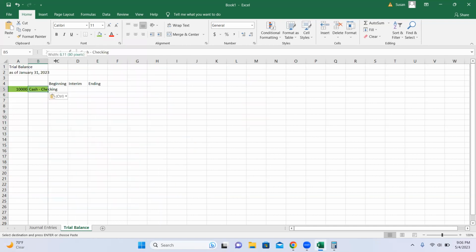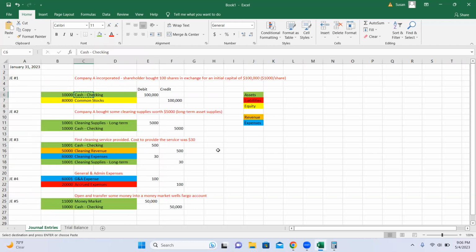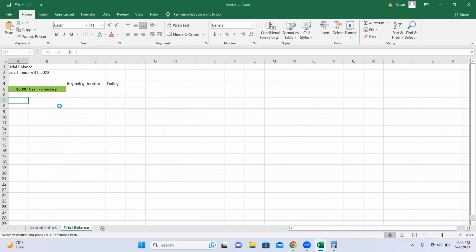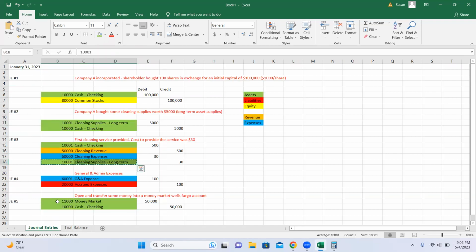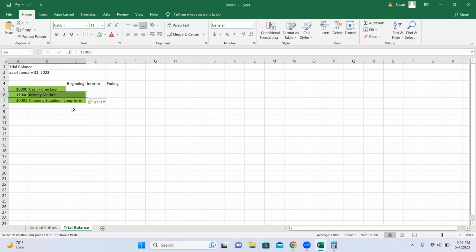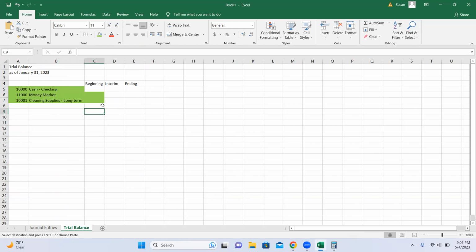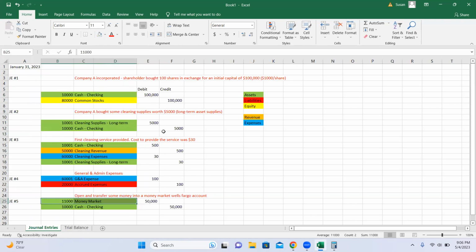And we have the next asset is our cleaning supplies, but I'll actually put it here because I'll probably prefer to put money market under cash for organizational purposes. And then now that we got the assets covered, I'm gonna put in the liabilities, which is just one for now.